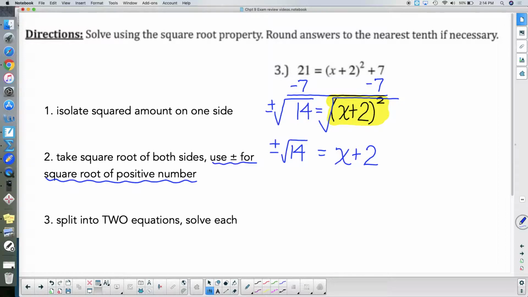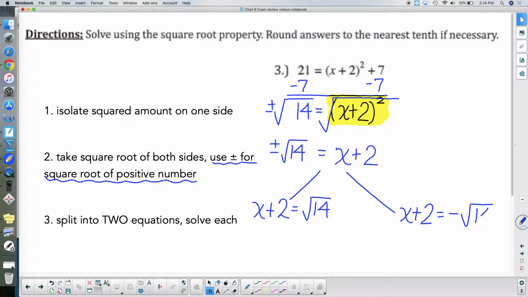But now I need to split this because there's two answers that x plus 2 could also be. So that third step says split into two equations and solve each. So x plus 2 could be the positive square root of 14, and x plus 2 could be the opposite, or the negative value that square root of 14 might have.